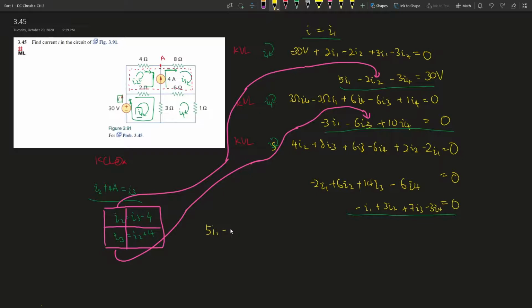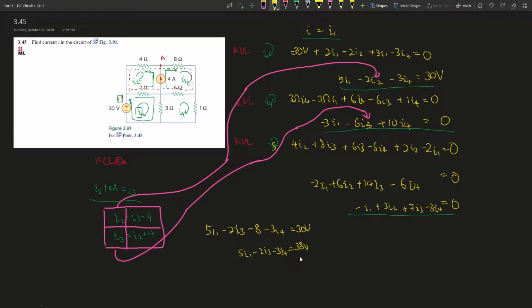I don't really know if there's a logical way of deciding who goes first and who's next. So I4, and this whole thing is 30V. So 38V, and then 5I1 minus 2I3 minus 3I4.